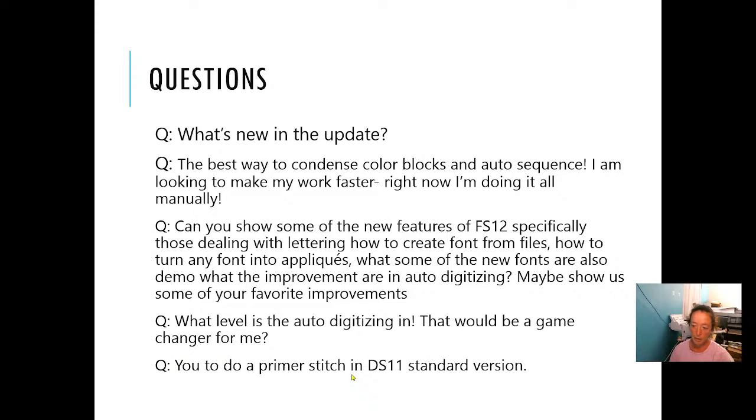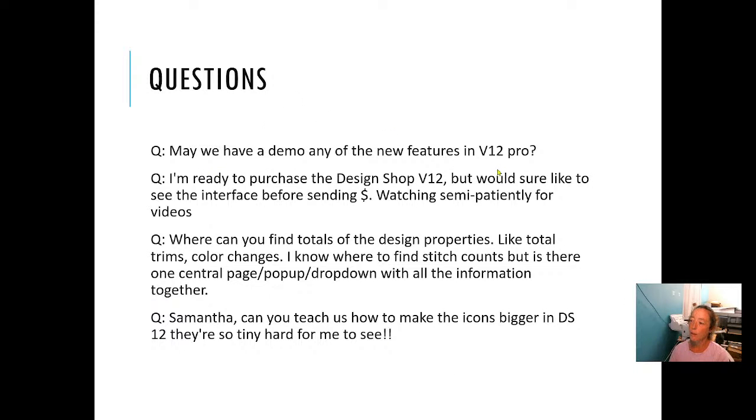We did the primer stitch both in 12, and then I showed you how to do it in 11 using just the editor version. Show me more of 12. Cool. I'm going to be using 12 going forward. I've been using it for quite a while. I had to have them send me papers to remind me what's new, because I've been using it for a long time, and I kind of forget what's in the different versions now.